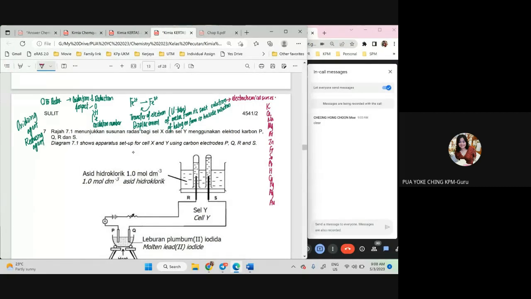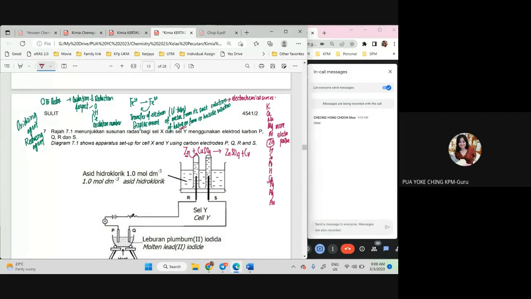Displacement of metal, mesti atas displace bawah. More electropositive displaces less electropositive. Contoh, Zn tambah CuSO4. Okay, Zn di atas, Zn sini, Cu bawah. So you will get ZnSO4 plus Cu. Zn can displace Cu.